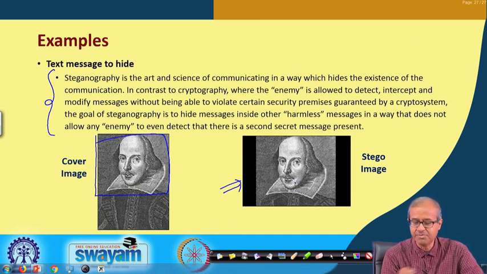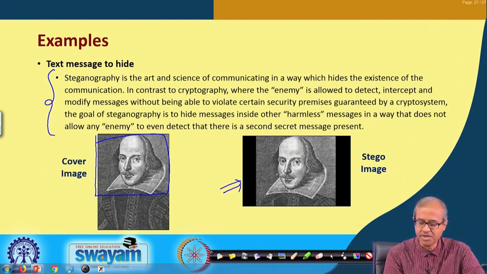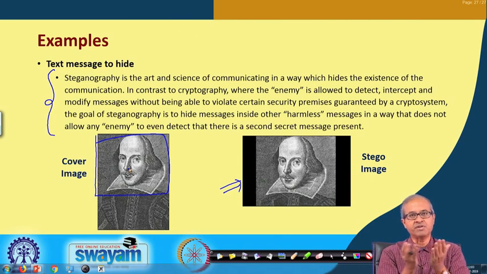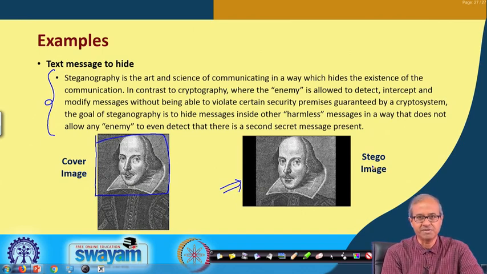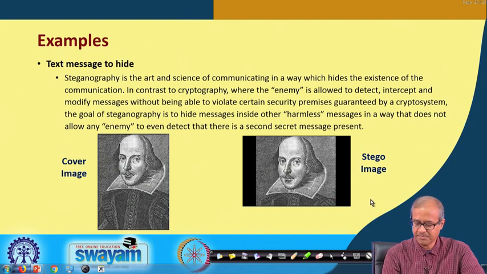Apparently you do not see much difference; maybe the quality has been degraded a little bit, but unless you have the original image side by side, you cannot really know whether there was any degradation. If someone gives you this picture, you can say, well, this is a fine picture, I can recognize this person. But this is the stego image, hiding some information inside it. You will not be able to detect that easily.